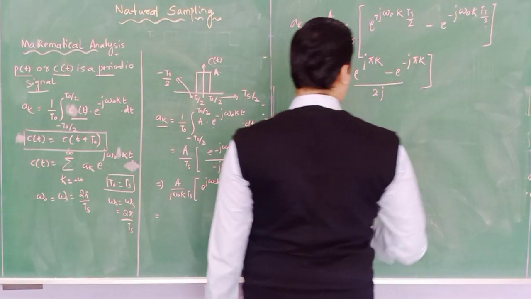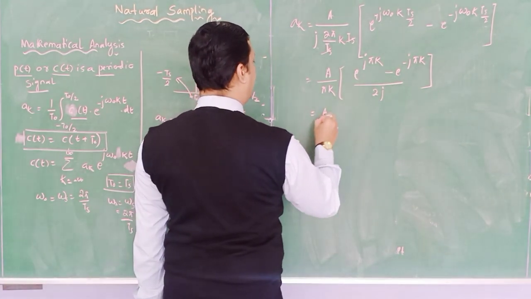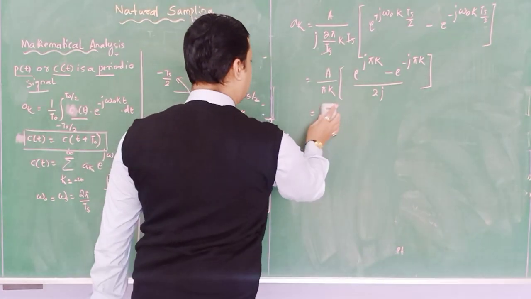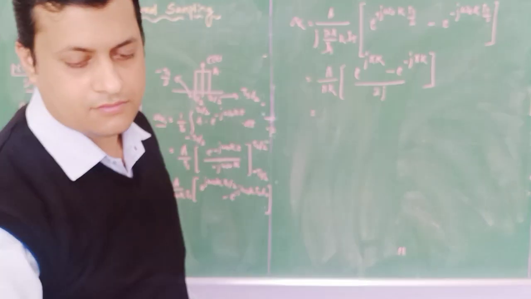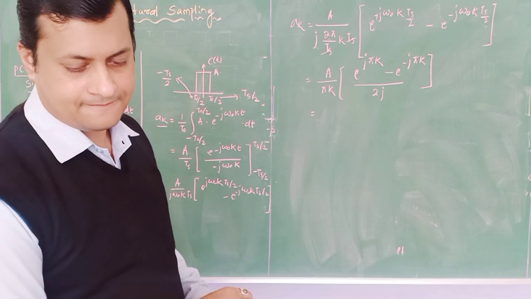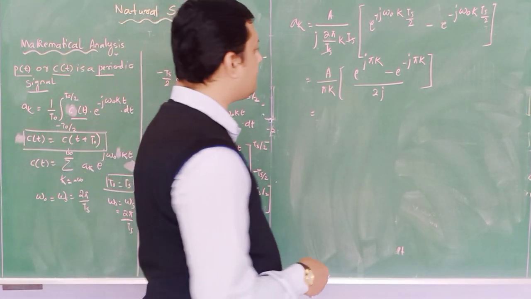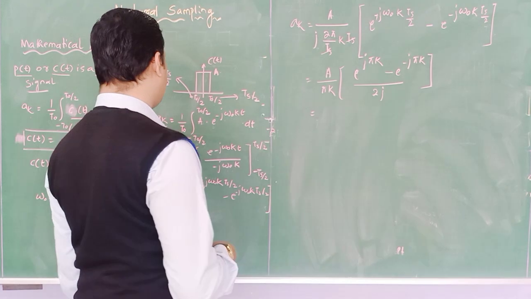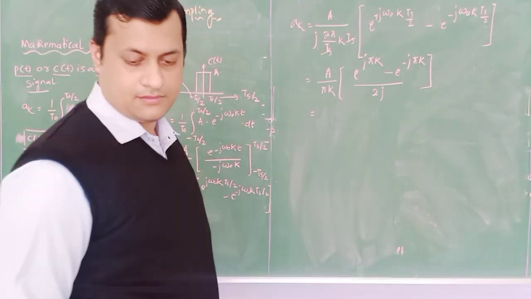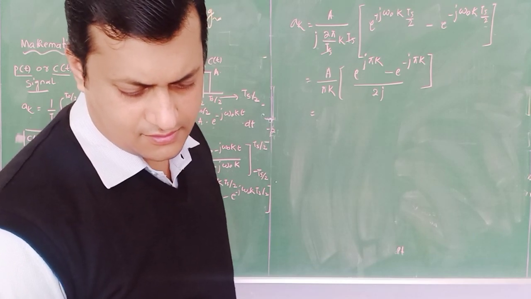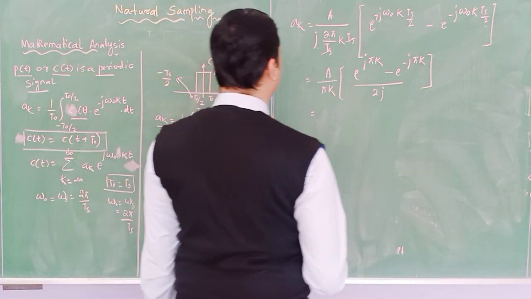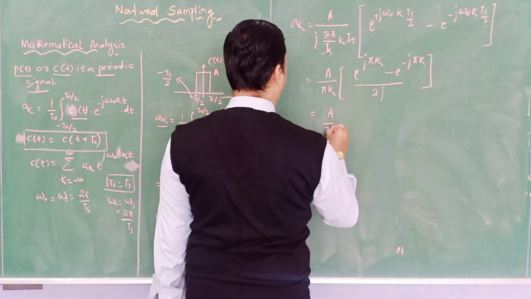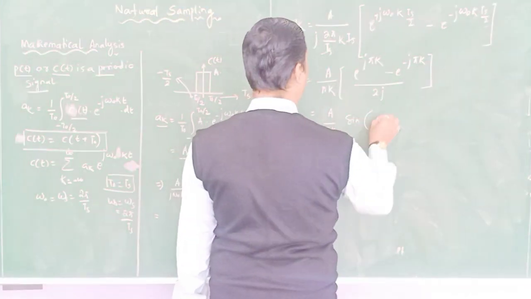Now this is quite similar to your sine function. Okay, so here I will write A divided by pi k times sine of pi k.